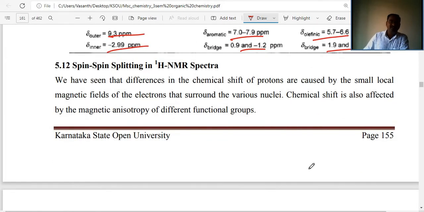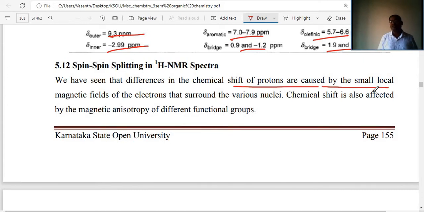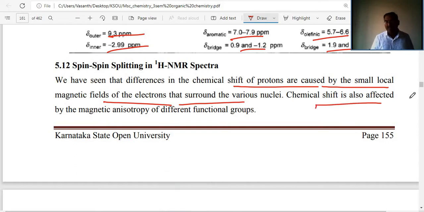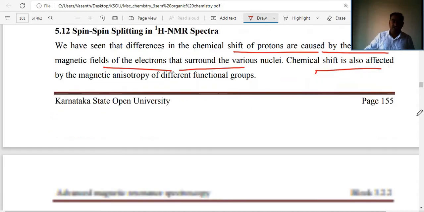Next concept, the spin-spin splitting in the proton NMR spectrum. We have seen that differences in chemical shift of protons are caused by small local magnetic fields of electrons that surround the various nuclei. Chemical shift is also affected by the magnetic anisotropy of different functional groups.